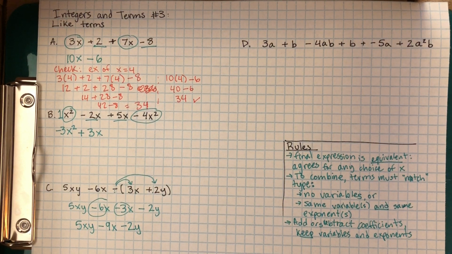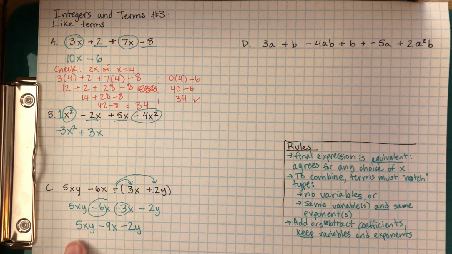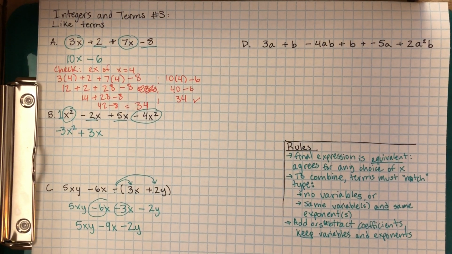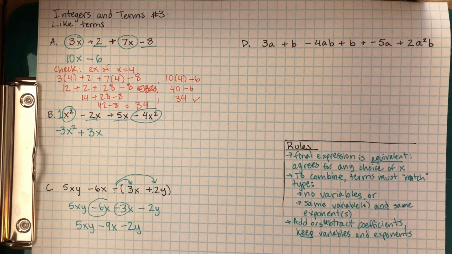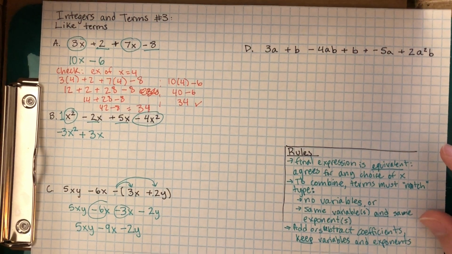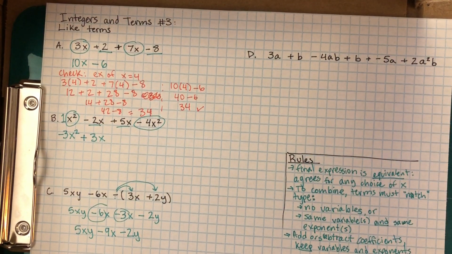And there's not really anything else I can do with this, because none of these terms are matches with each other. Even though we have some of the variables the same between them, they all need to match. So in this rule about the same variables, they need to match all of the variables, or it's not a matching like term.